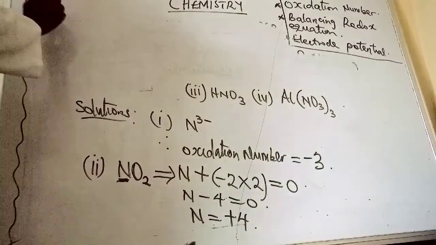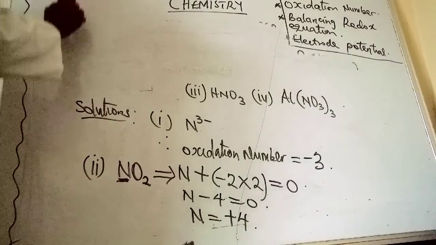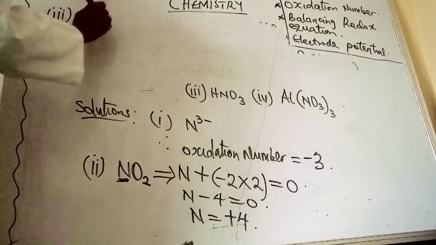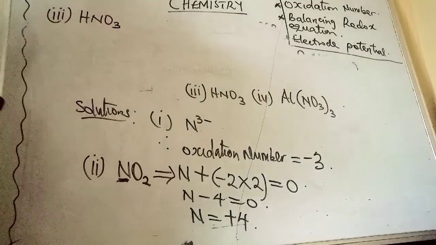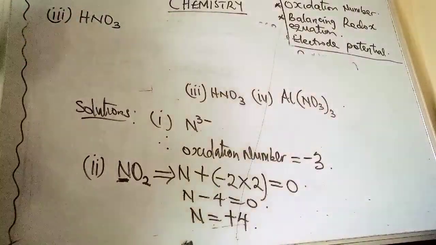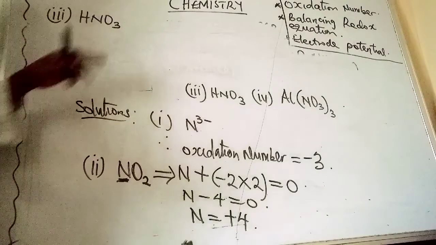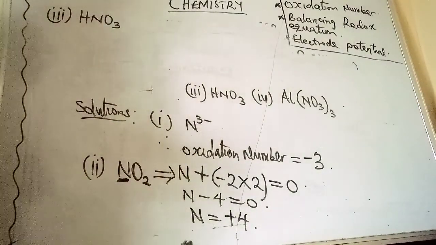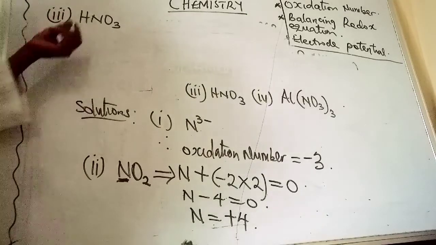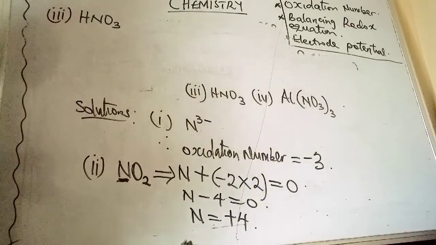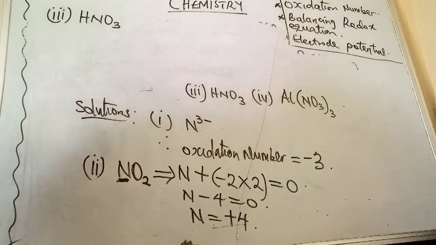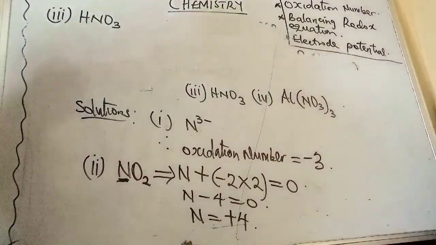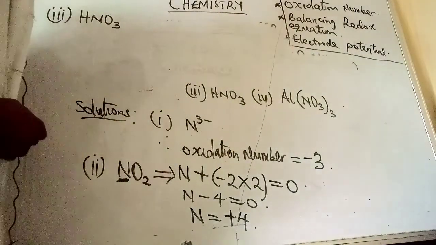Roman figure 3. We want to find the oxidation number of nitrogen in nitric acid. That is the old name, nitric acid. IUPAC name is trioxonitrate 5 acid. Now, let's go there.